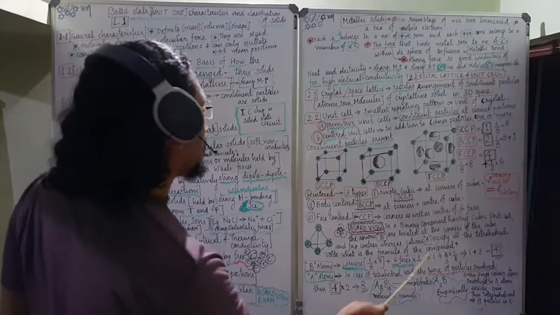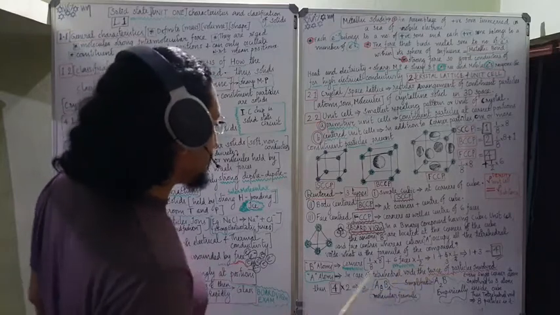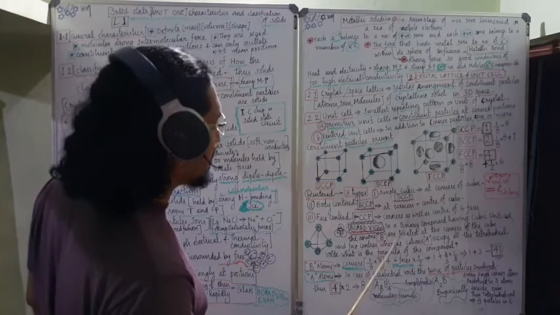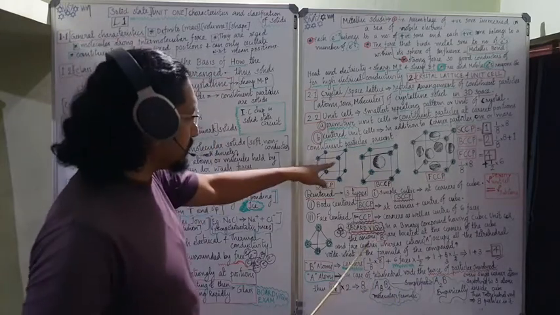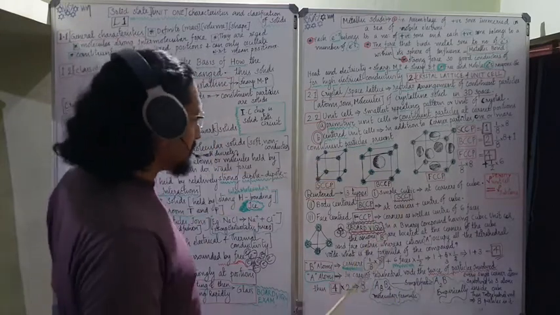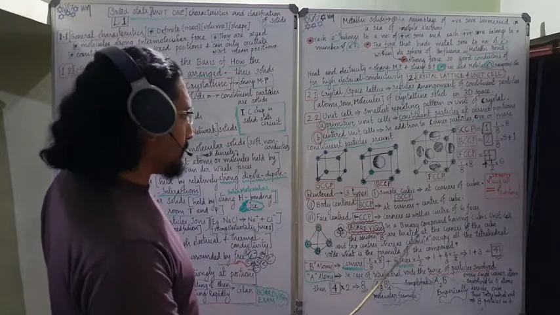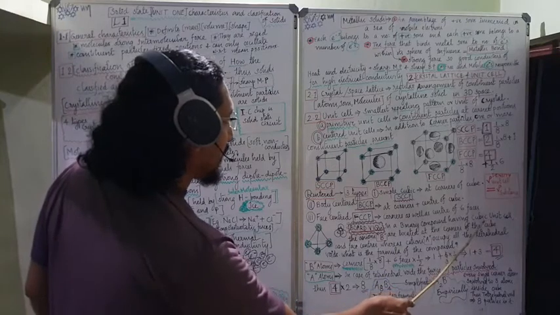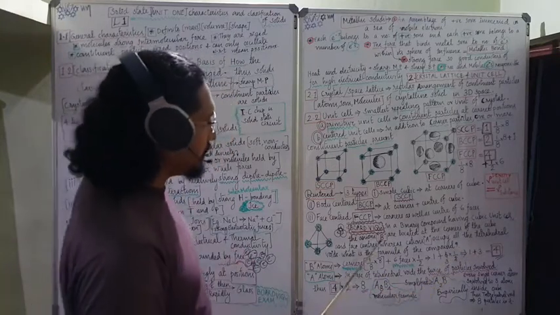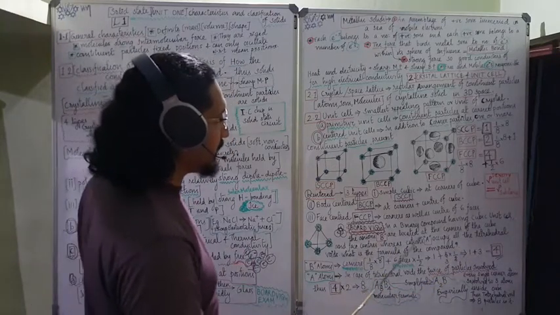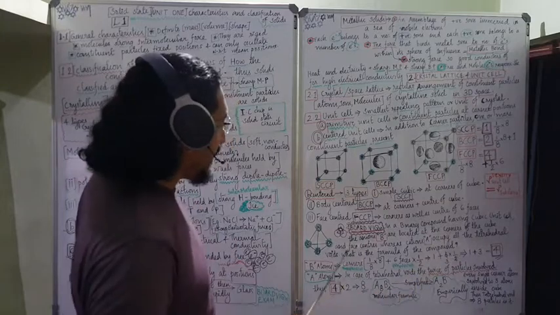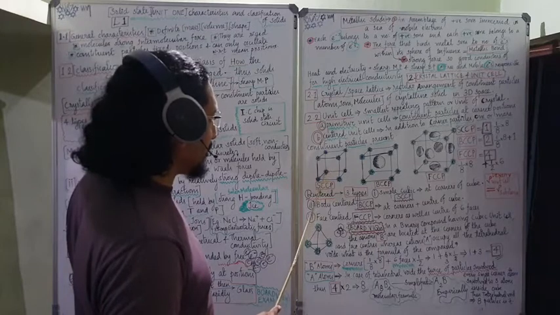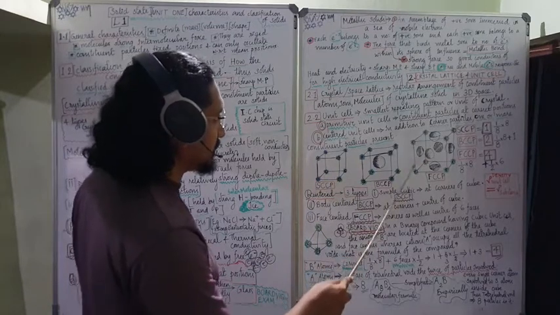In a binary compound having a cubic unit cell, the anions B are located at the corners of the cube and the face centers. Along with the corners, the face centers also have B. So B is located at these corners and along with the face centers.